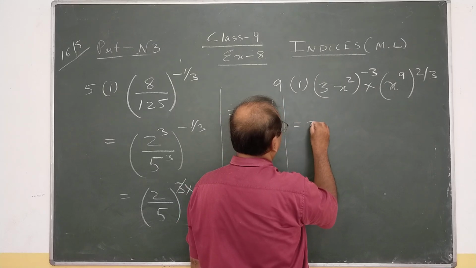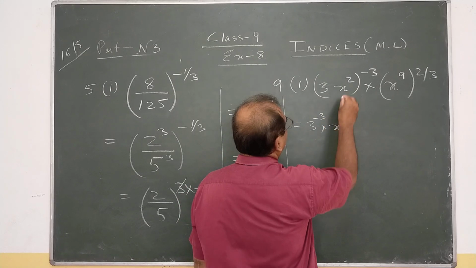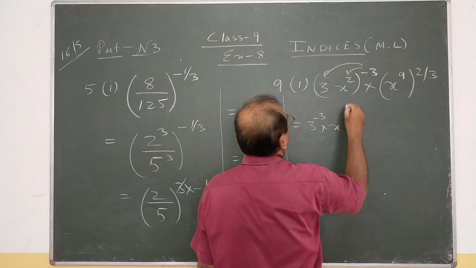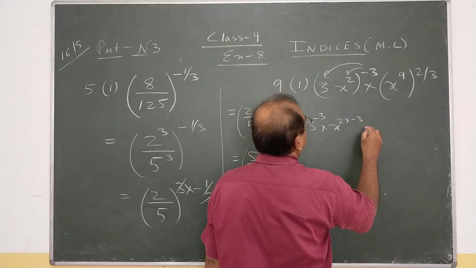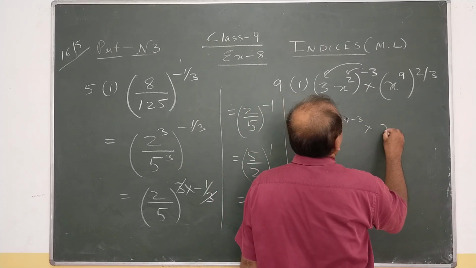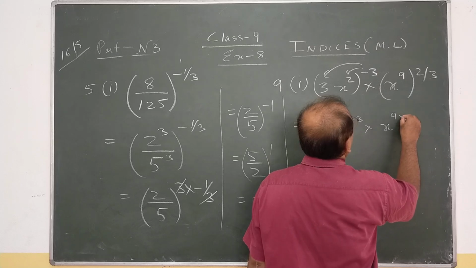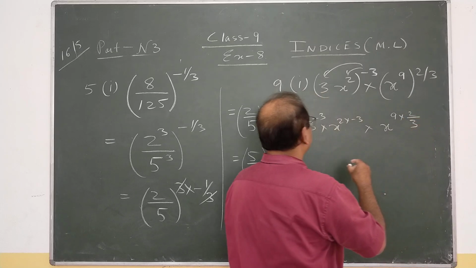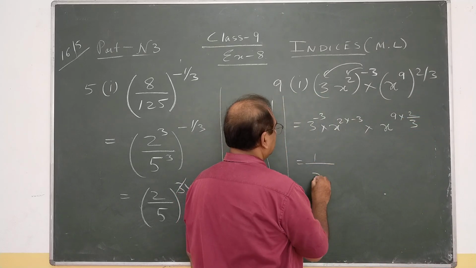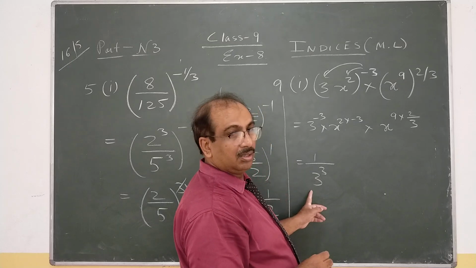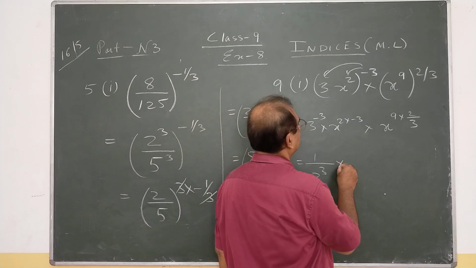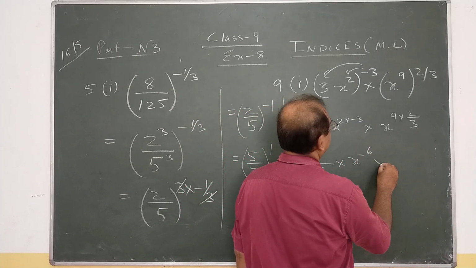Next sum, I'll give you time. Here 3 to the power minus 3. This will go to both, x square into minus 3. x to the power 9 into 2 by 3. Generally you will see, children, this becomes positive, x to the power minus 6.